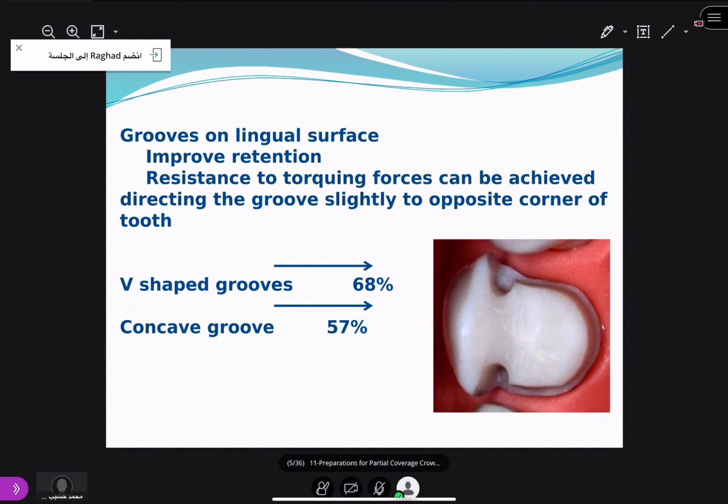Proximal grooves will provide retention in the partial coverage crown. Mostly we will give V-shaped grooves or concave grooves. V-shaped grooves will aid 68% of the retention, and concave grooves will aid 57% of the retention.